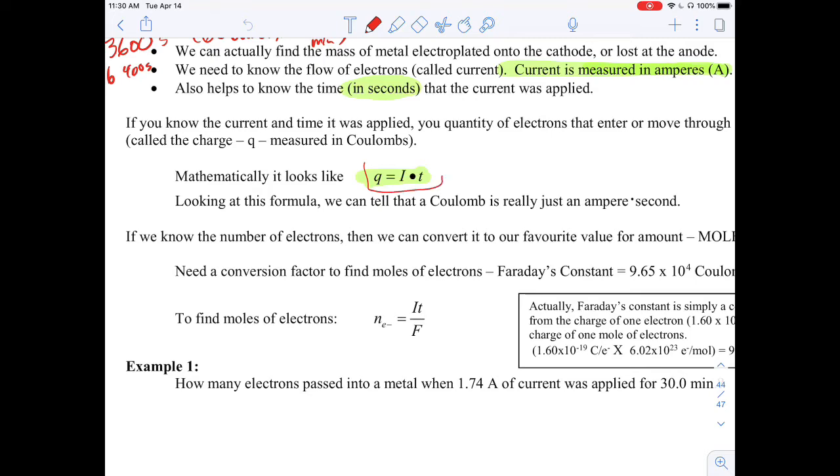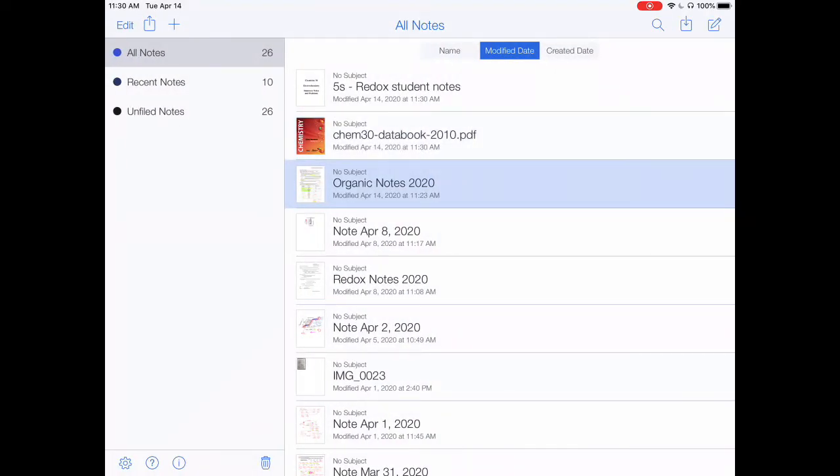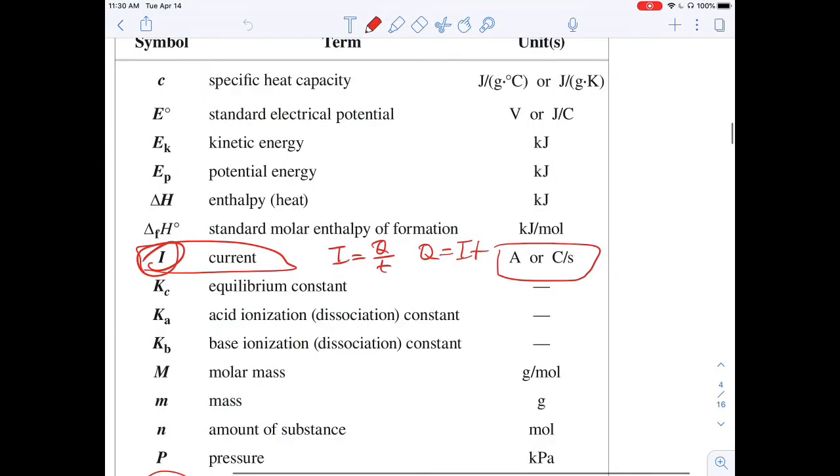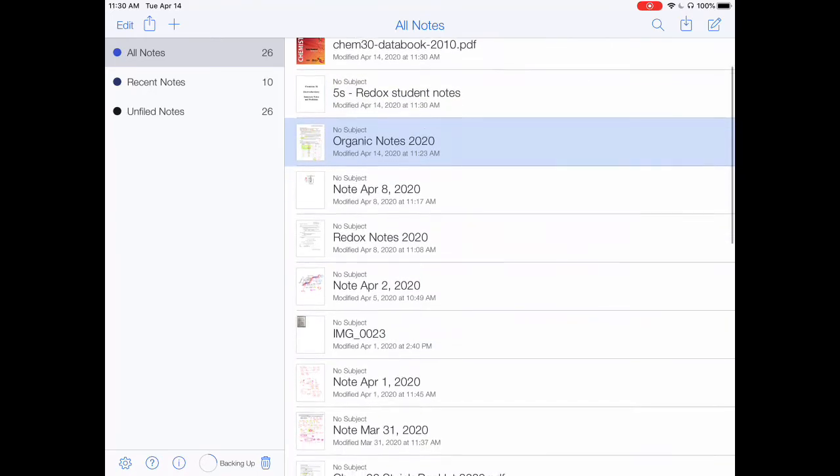So this formula you're not given, but if you recognize in the data booklet that this relationship where the amps is equal to coulombs per second, and then you just give the symbols. So current is I, Q is charge, and T is time in seconds, and then solve for Q, you can actually find that equation hidden in your data booklet.